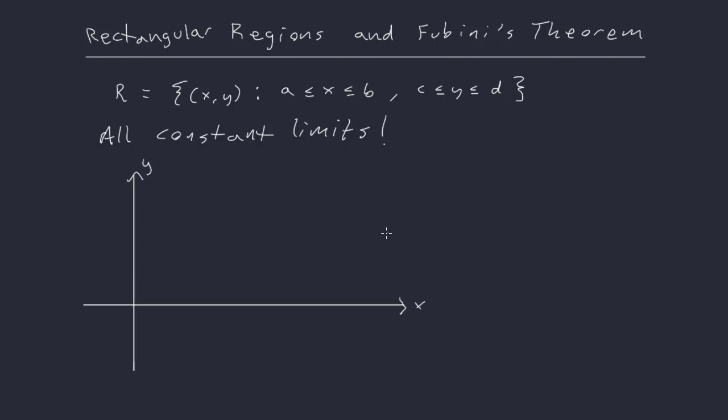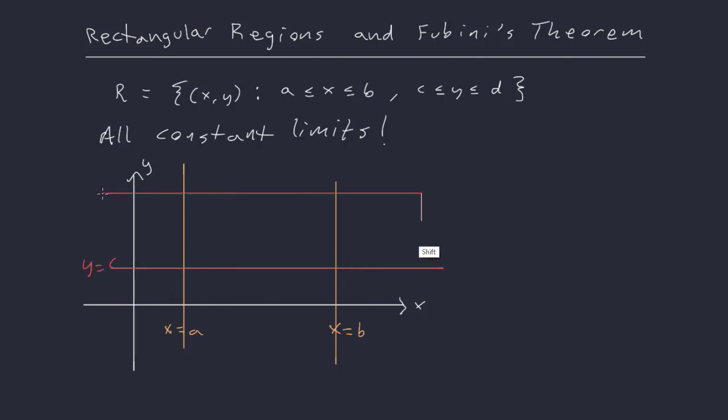And the reason it works this way is because, well, let's say x equals a is here, and x equals b is here, and then let's say y equals c is here, and y equals d is here. Between all of those values, we have this region here, which turns out to be a rectangle.